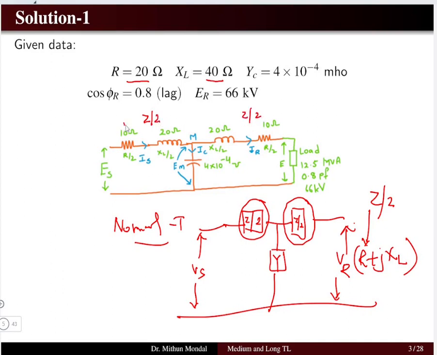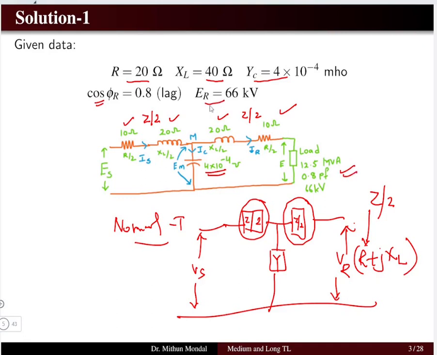So resistance will be 10 ohms on each side, and the XL value will be 20 ohms on each side. However, the admittance part, that is the shunt part, will remain the same, which is 4 into 10 to the power minus 4. The power factor of the load at the receiving end and other information is given.